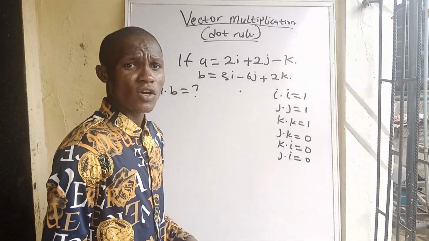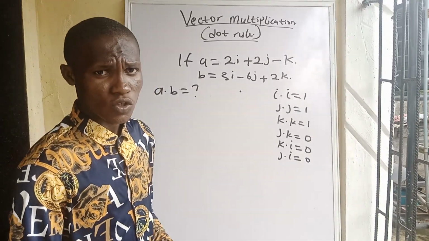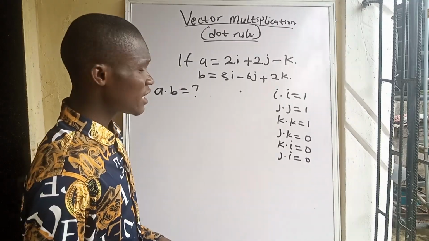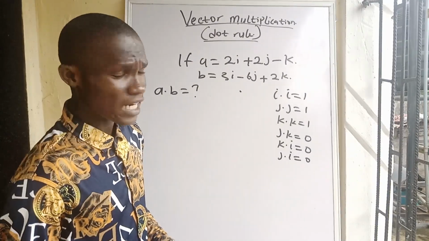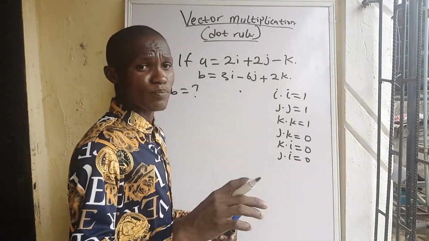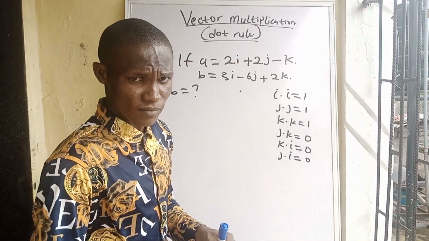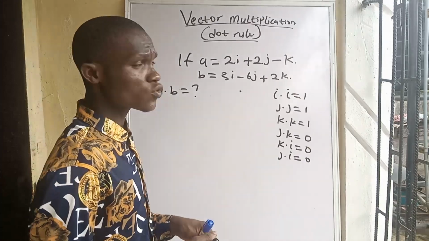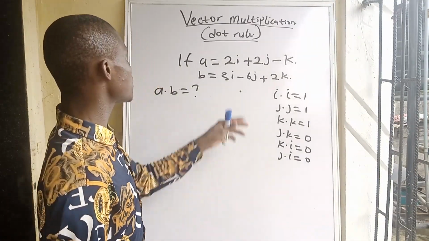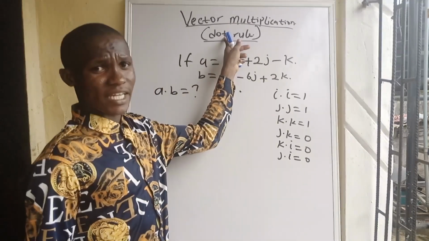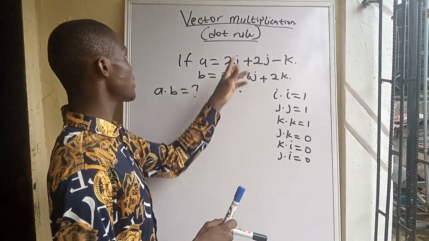Then before we go again, if you want to look for angles using the scalar way, using this dot rule, it is also called the scalar multiplication. The dot rule is also called the scalar multiplication. In case the word dot is not there, if the word scalar is there, it also represents the dot.